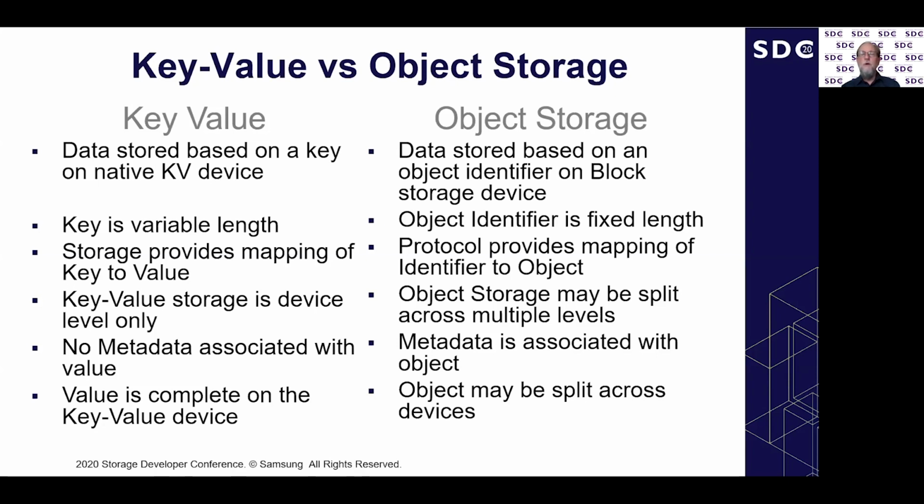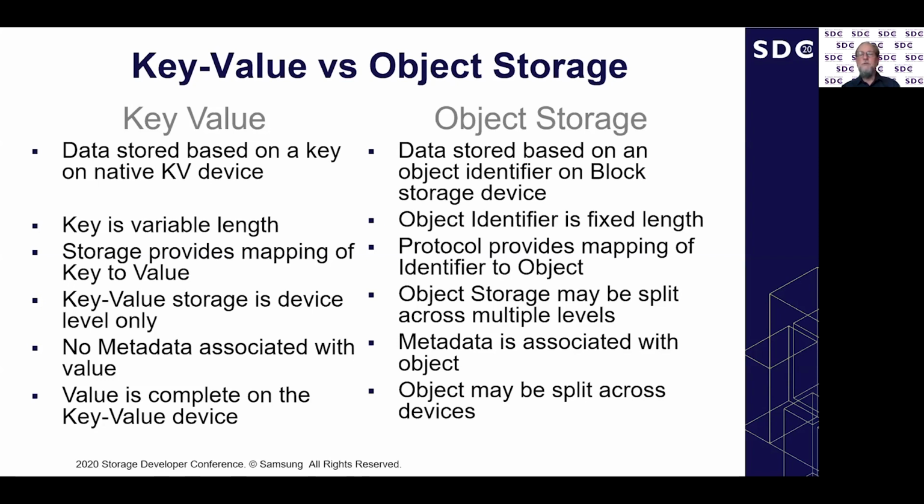So your location of the object is identified both by a fixed length object identifier and a variable piece of metadata. In key value, the storage provides the mapping of key to value. In object storage, you have a protocol that provides mapping of the object identifier to the object.